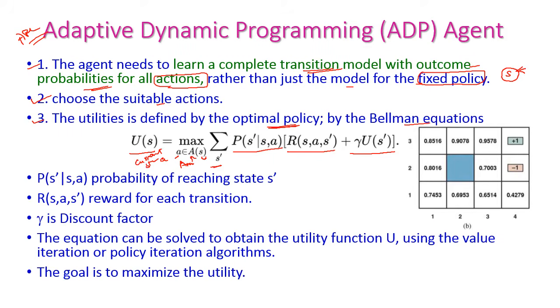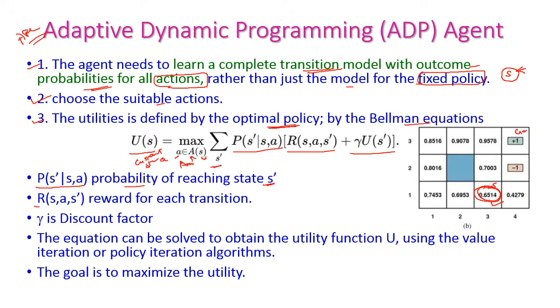Okay. Now, P(s' | s, a) means the probability of reaching state s'. For example, we are in this particular state. From this state we need to reach the goal state here. What is the probability of reaching the goal state is defined here. This is the probability.